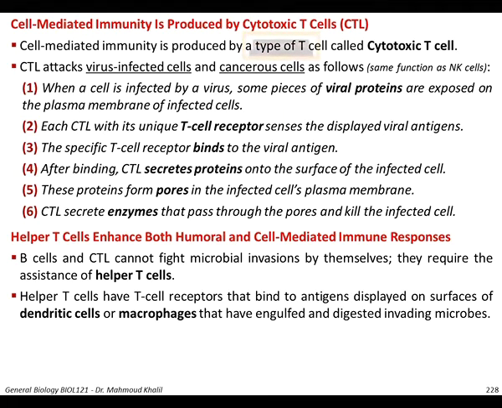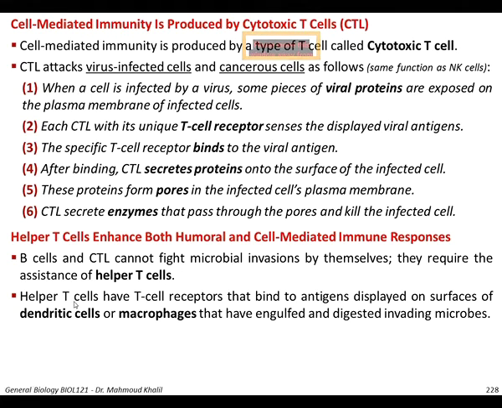It got sensed by dendritic cells or macrophages. These engulf the bacteria by phagocytosis, and they display part of that bacteria as antigen on their surface. This antigen got sensed by the T cell receptor of the helper T cells.